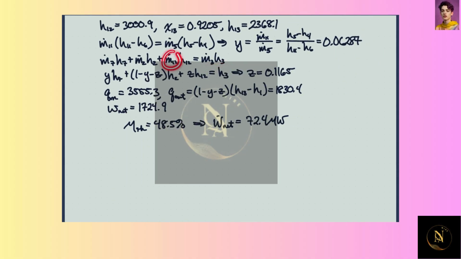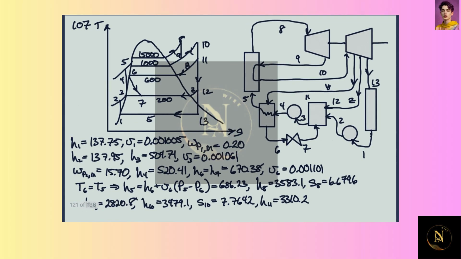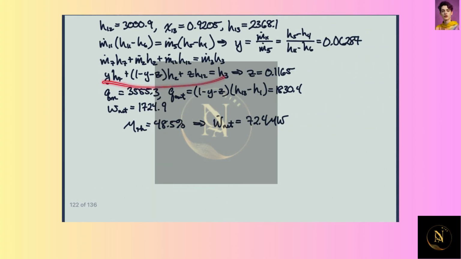And so this M12 over M5 is Z. M2 over M5, with conservation of mass, is 1 minus Y minus Z. And M7 over M5 is Y again, because 7 and 11 are the same. The flow through here is the same. Okay, so some conservation of mass stuff involved with this too.